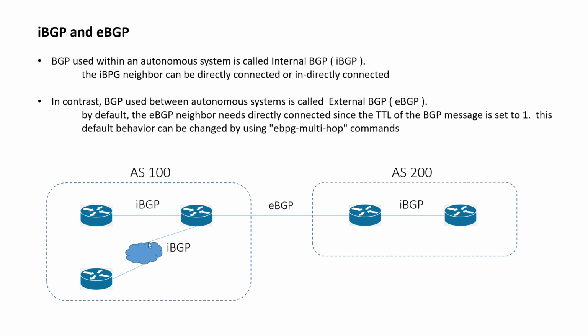They go through some kind of IP cloud, as long as they have network reachability, so you can build iBGP between these two routers. eBGP here is between different ASes. The two routers each belong to their own AS, and the ASes have different numbers. So BGP between these two routers is called eBGP.